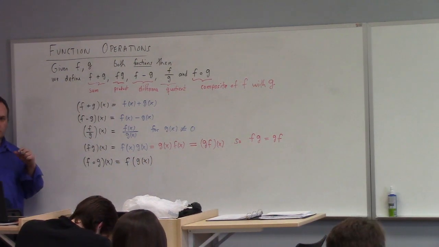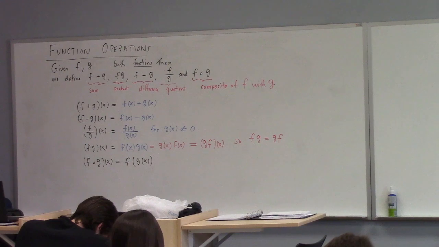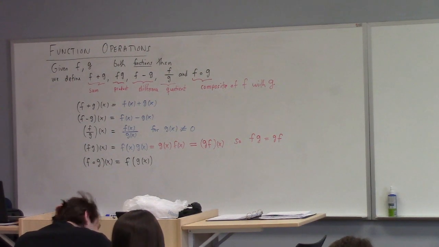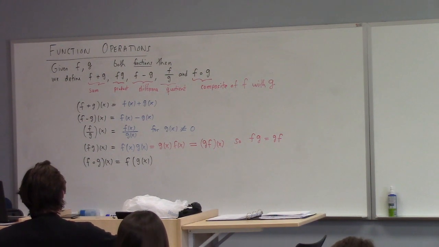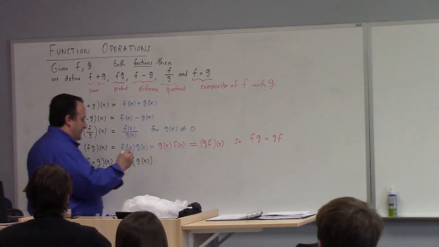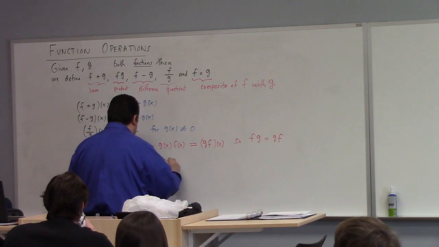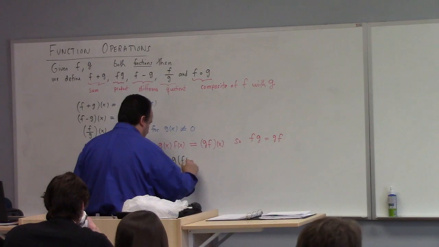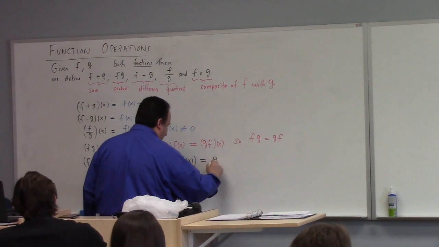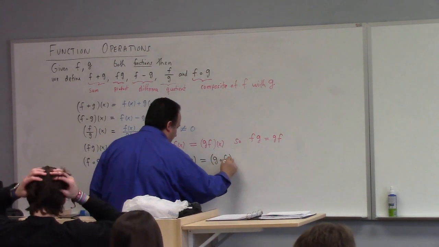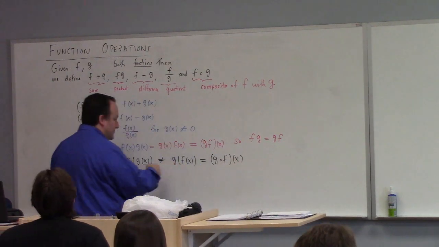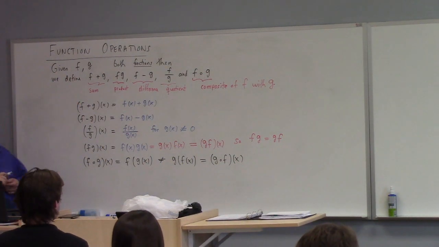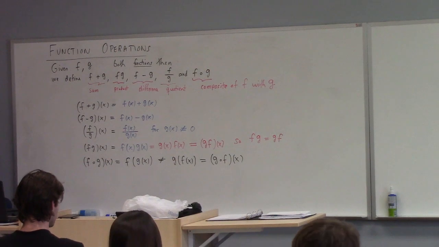So you take the rule for f and you plug the formula for g into it. So this is generally not going to be equal to g of f of x, which would be g composed with f of x. Those don't have to be equal. I'll show you examples of this.